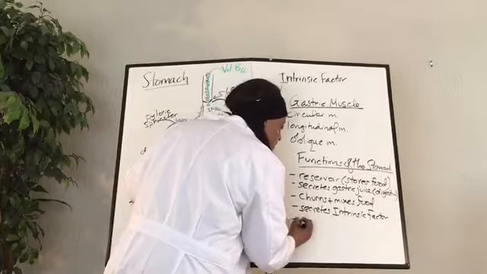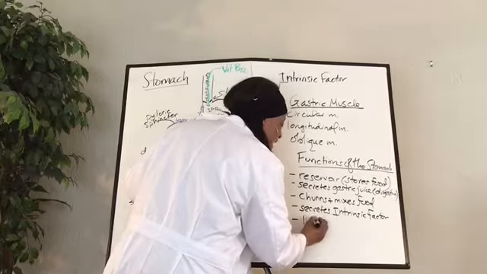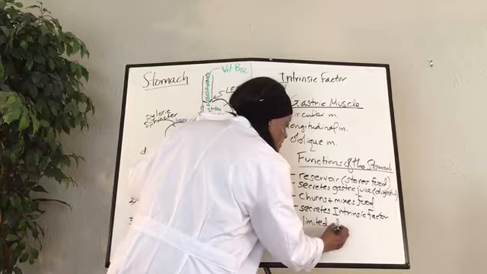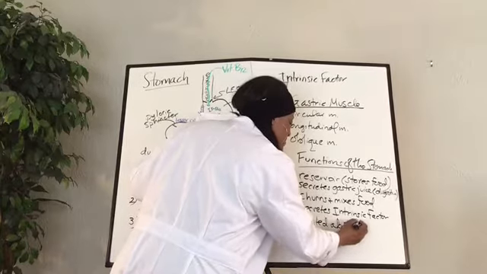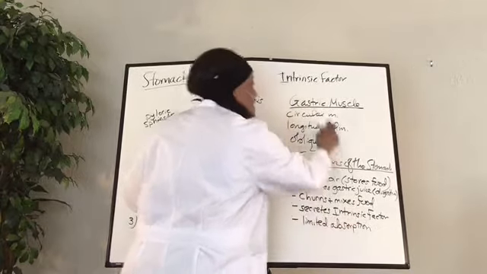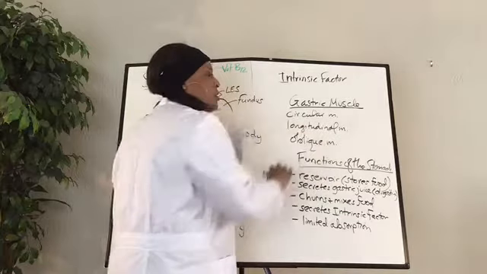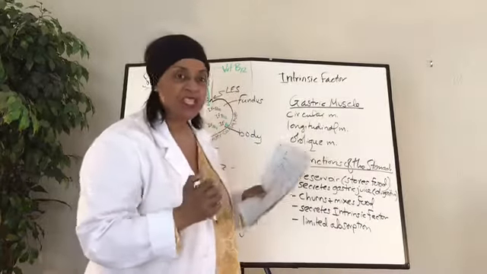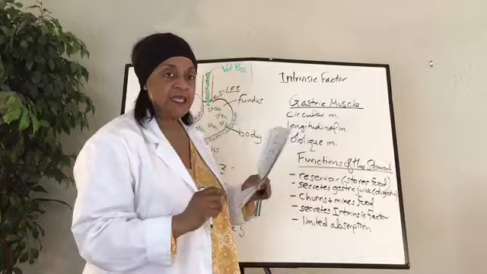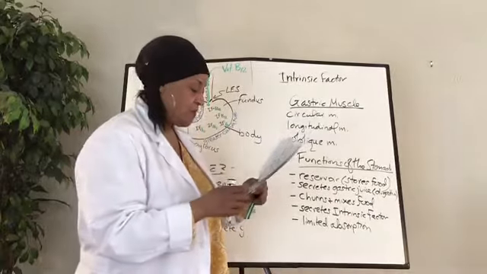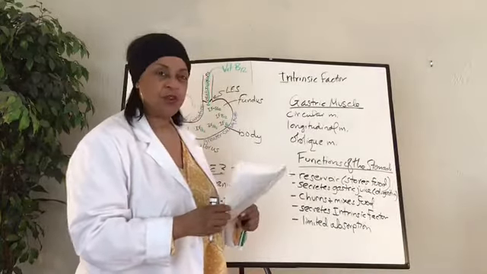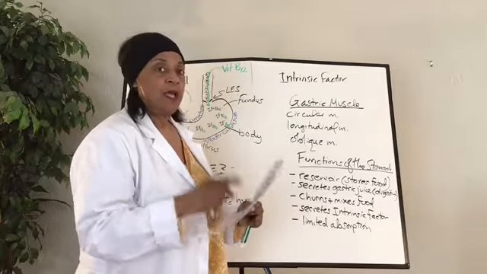So with that mentioned, I want you to know that the stomach has limited absorption. It's really not its job to absorb. Its job is to mix and churn and get everything all mushy so it can be easily absorbed. So absorption is mostly reserved for the small intestine.